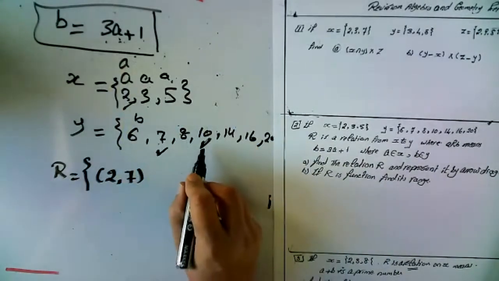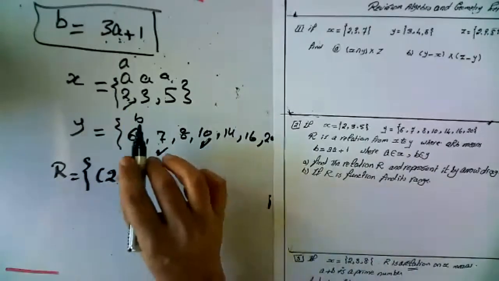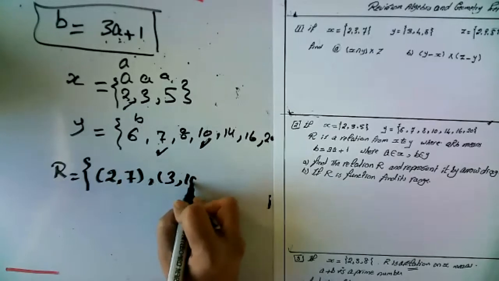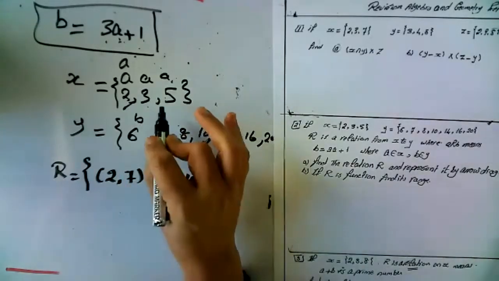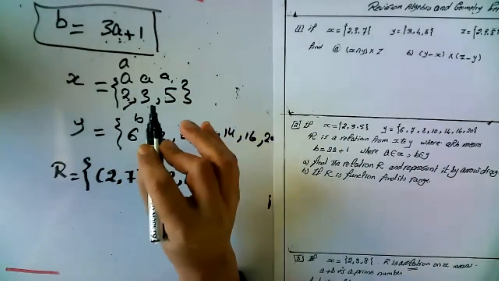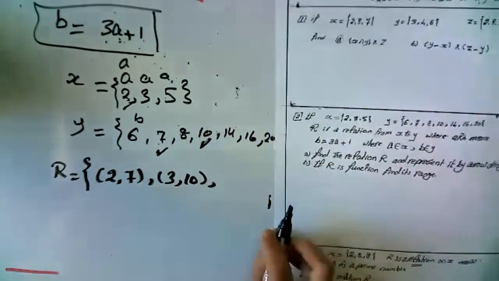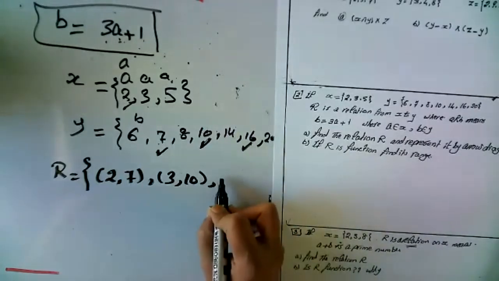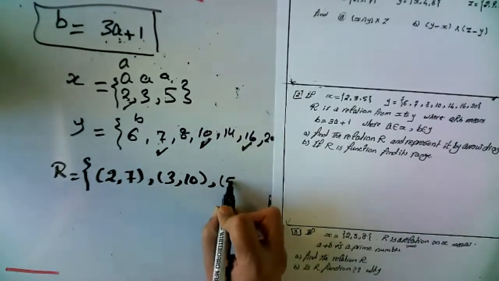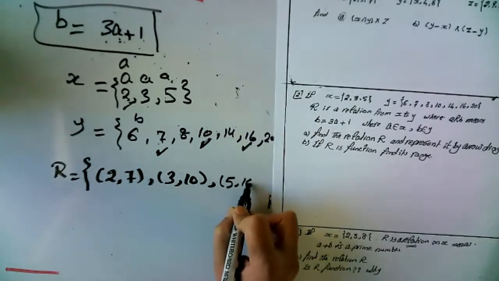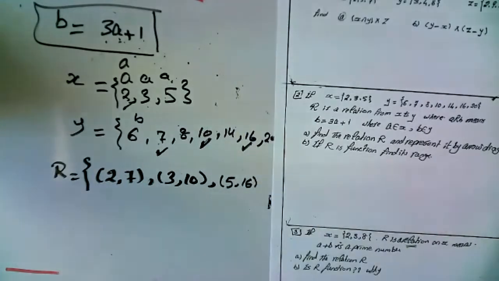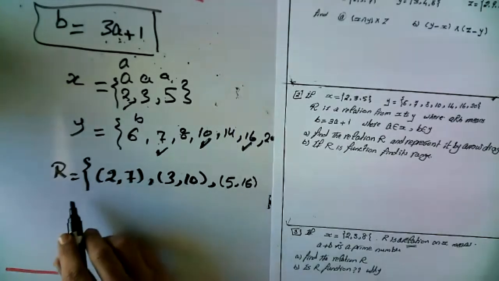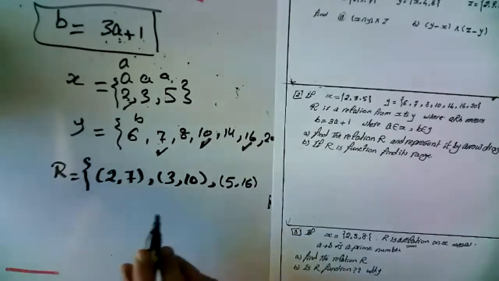Then 10 is one of the elements of y. Then the ordered pair (3, 10) satisfies the relation. Multiply 5 by 3, 15, plus 1, 16, one of the elements of the set y. Then (5, 16) satisfies the relation. Okay? This is the relation between the elements of the set x and the elements of the set y.